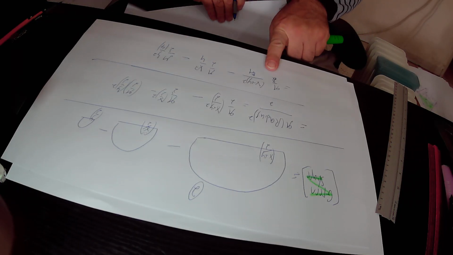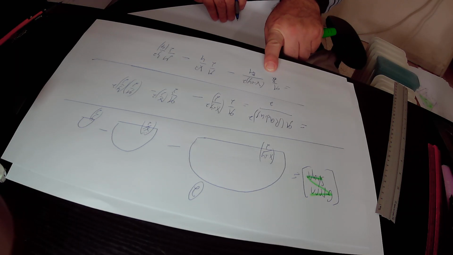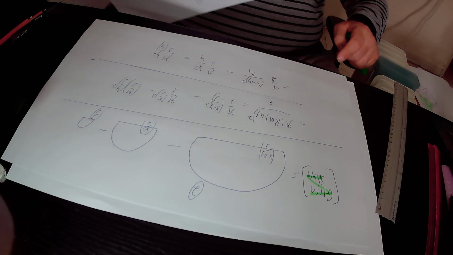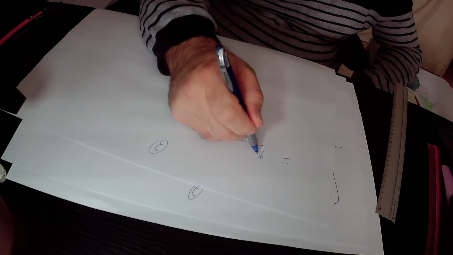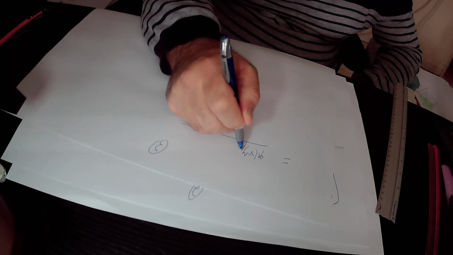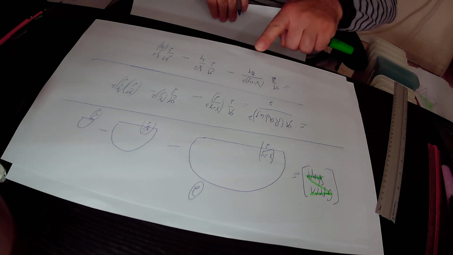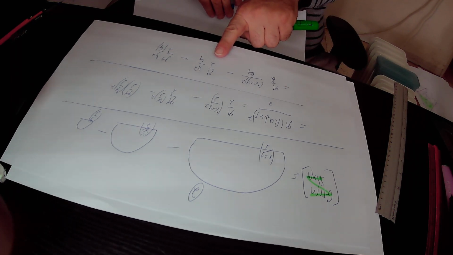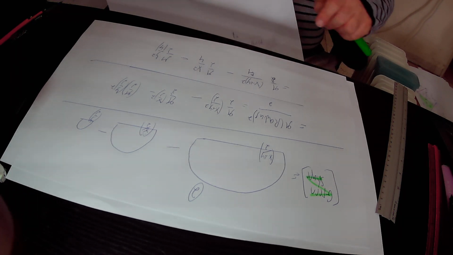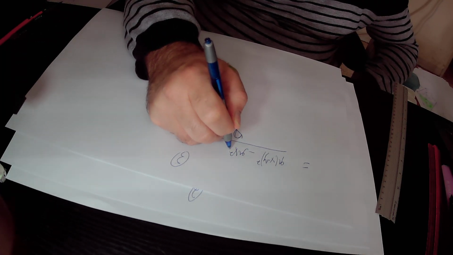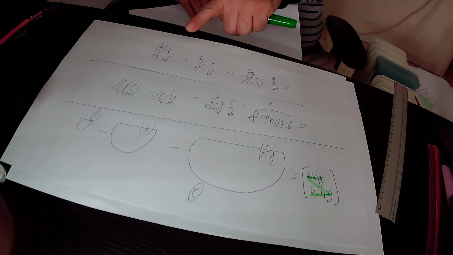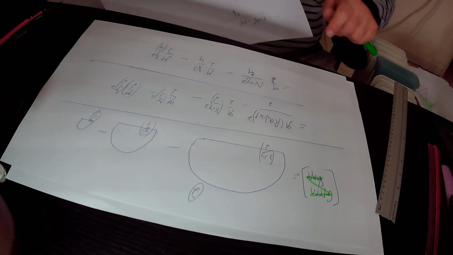In the numerator we have pi times x plus y squared. Minus pi x squared. Here we have minus pi y squared.